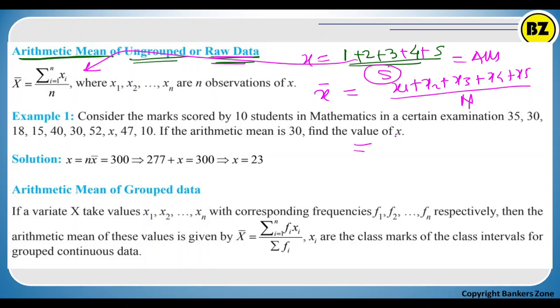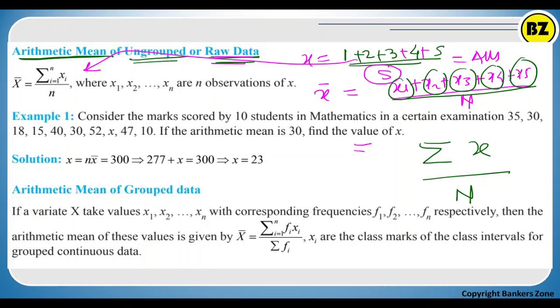If I have to say that in some other alternative way, how can I write it? Very simple. I have to do the summation of x divided by n. But there is x1, x2, x3, x4, x5, so I will put a suffix i here, and that i will range from 1 to n.